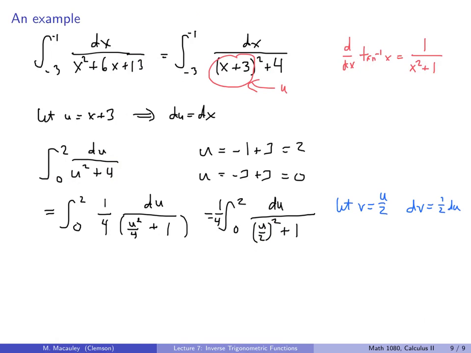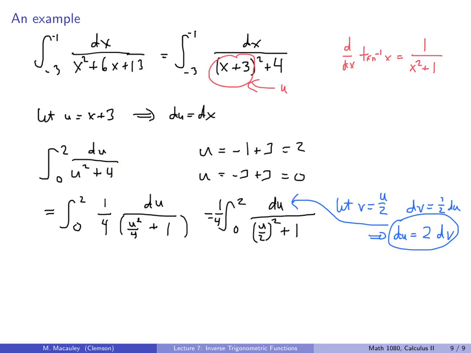Now I want to plug in for du, so that means du equals 2 dv. And that is what I want to plug in for that.